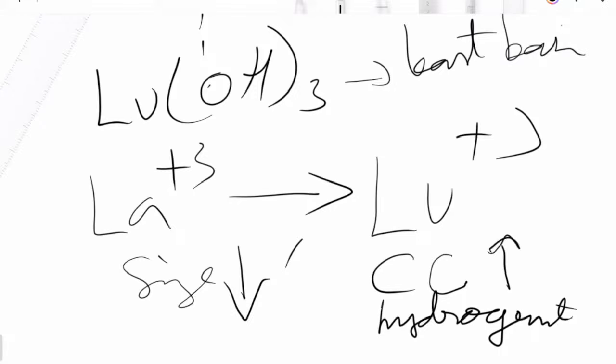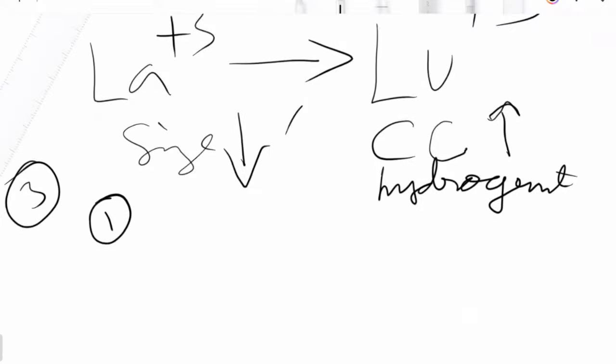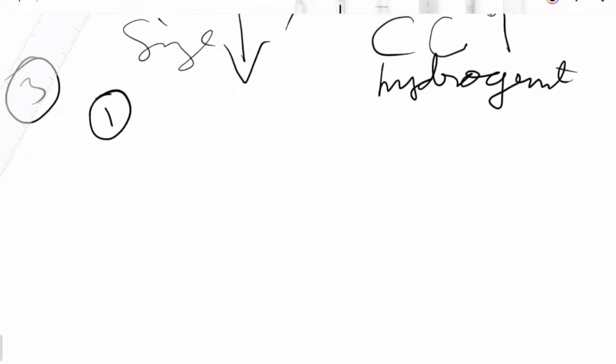So we have seen the three major consequences, and one overview of the lanthanoid contraction. So this was our first question. Moving to the next question.